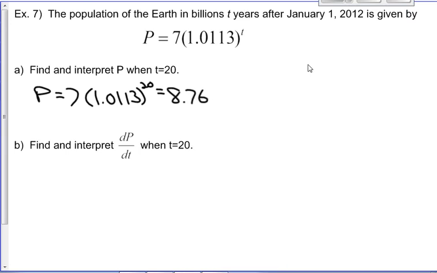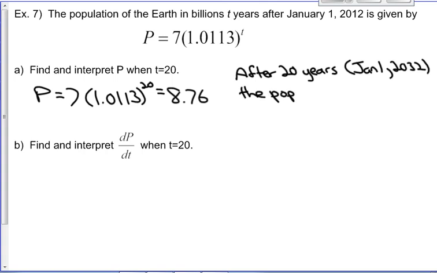And P was the population. So what that means is after 20 years, which would mean January 1st, 2032, the population will be 8.76 billion, which is terrifying.